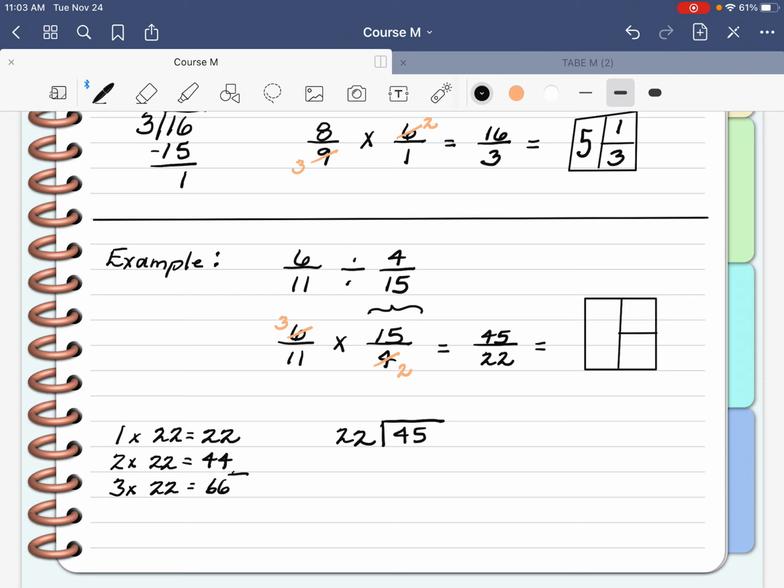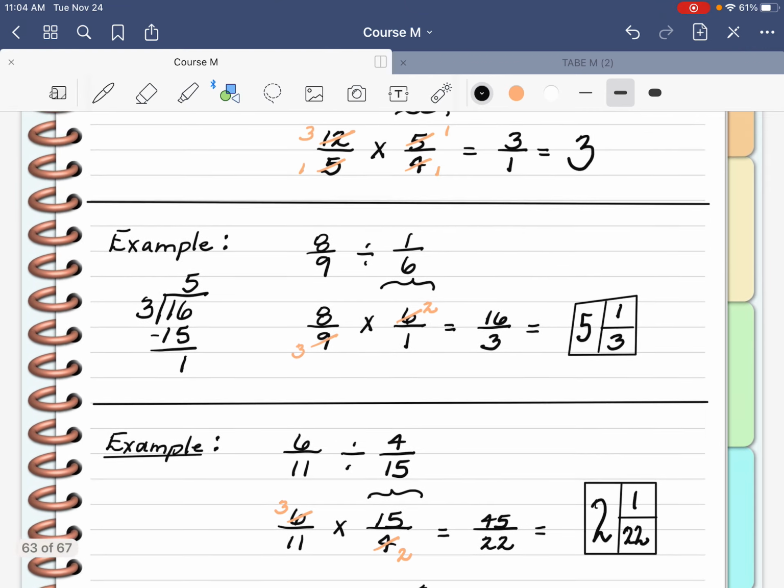We want the 2. And that would give us 1 left over. So the quotient is 2, the remainder is 1, and the divisor is 22. And that will not simplify any further.